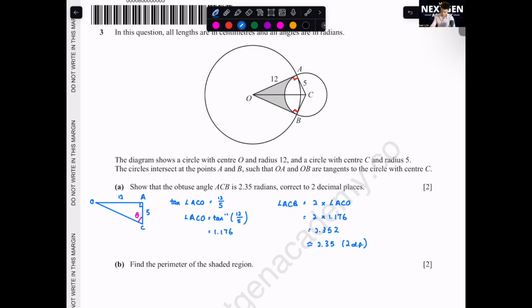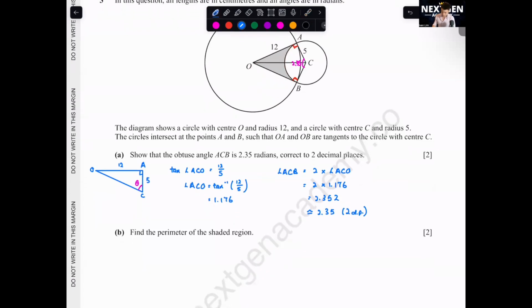Okay, the next one. The whole thing is 2.35. Perimeter of the shaded region. We have here 12 and 12. The only thing that we need to find is this arc here. The formula of arc AB is s equals r theta.